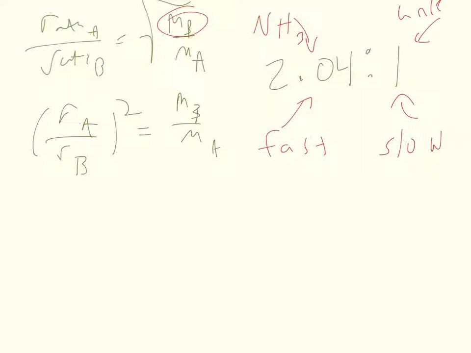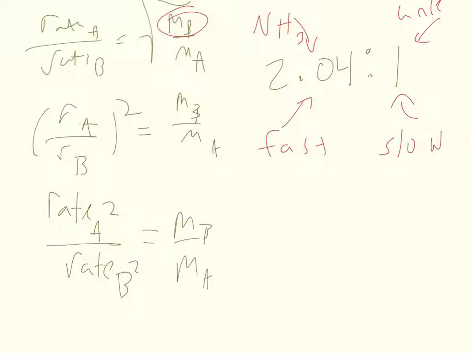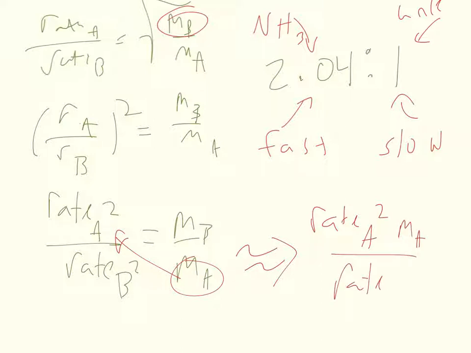Neato. Now a square and a fraction actually distributes to the numerator and the denominator, so you get rate A squared over rate B squared equals MB over MA, and I can just multiply both sides by this MA, and that will leave MB by itself, which leads us to a final equation of rate A squared times MA over rate B squared equals MB.